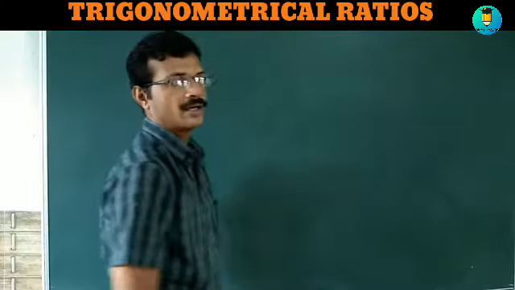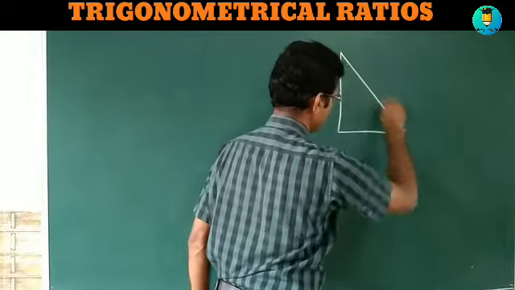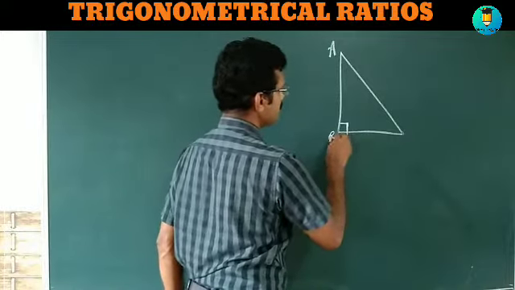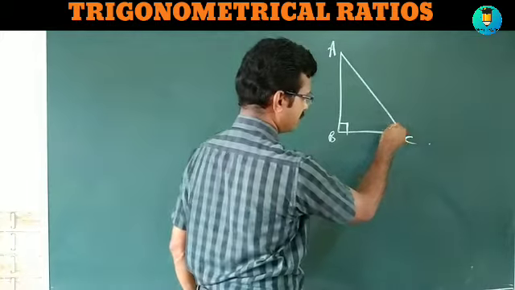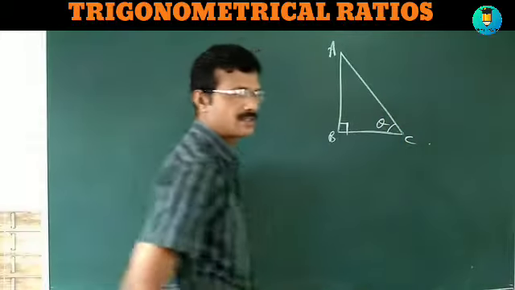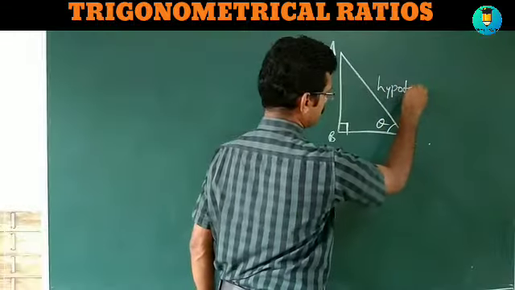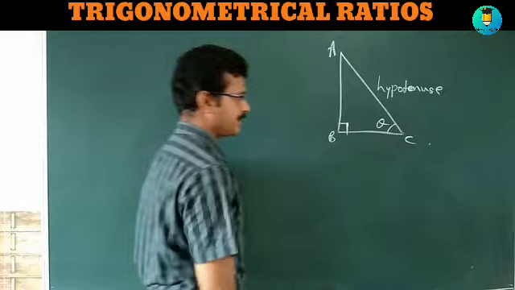So for that, I need a right angle triangle. A, B, C, I am naming it. Let it be one of the angles, let it be this angle, I am taking it as theta. And we know this is hypotenuse.